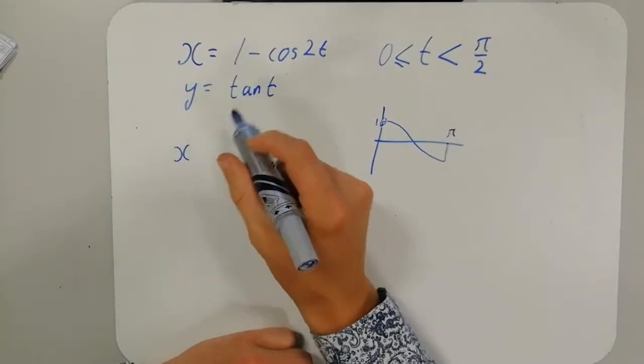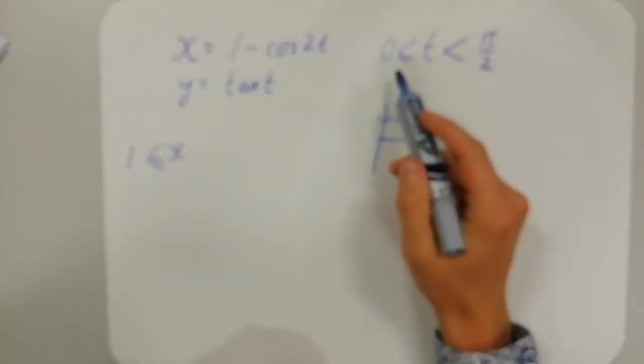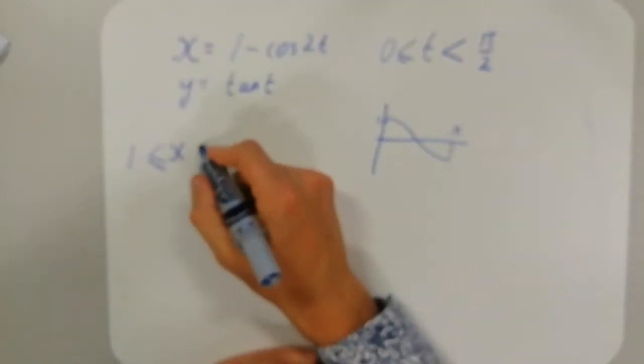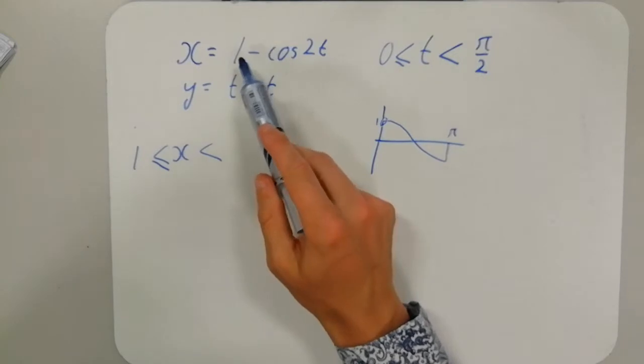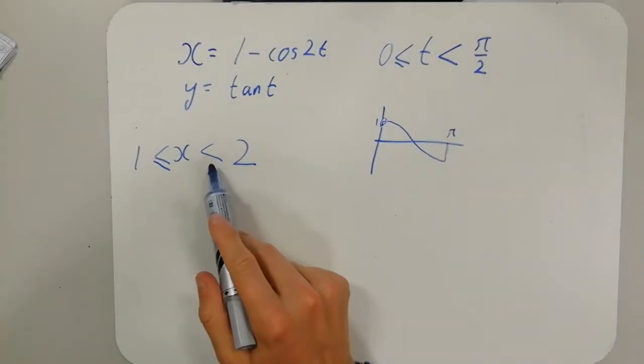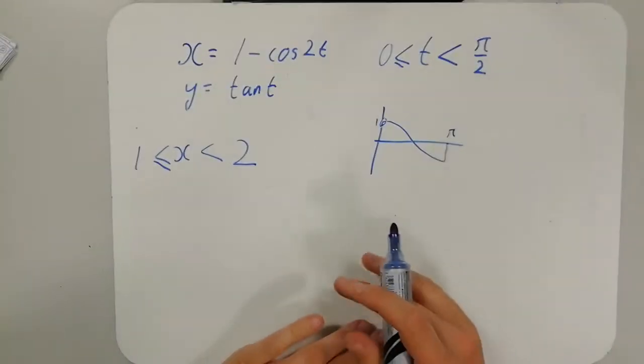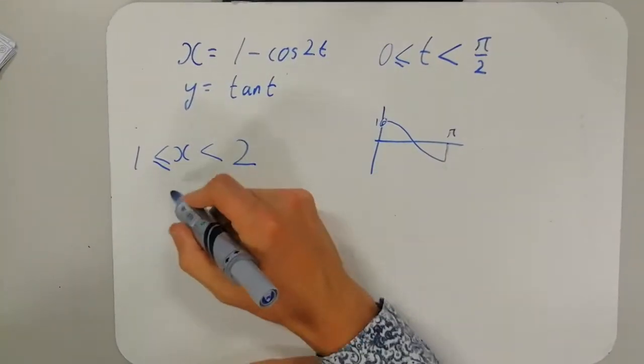So we can see that x, 2 minus 1 is 1, will be its lowest value, and we are allowed to plug in 1. The highest value it can take is 1 minus minus 1, which is 2, but we're not quite allowed that, so it can't actually equal 2. Now let's consider tan to get the range.